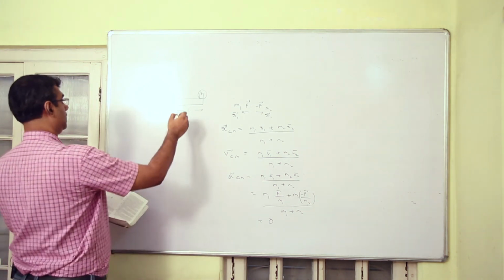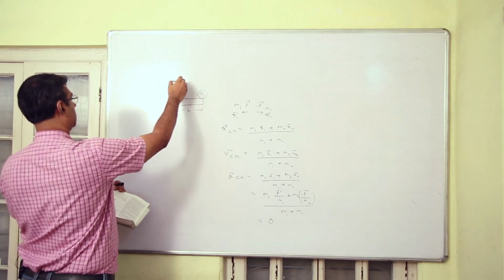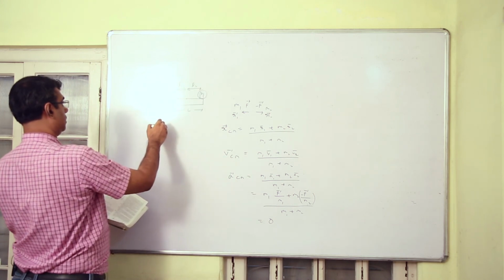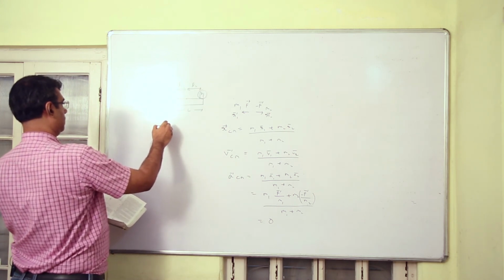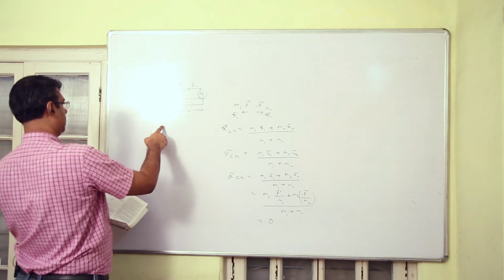So what will happen is, let us say this is the center of mass. So this distance is L1, this distance is L2. So if you call this distance as positive, we can take this as negative.